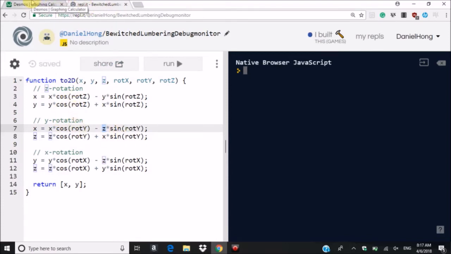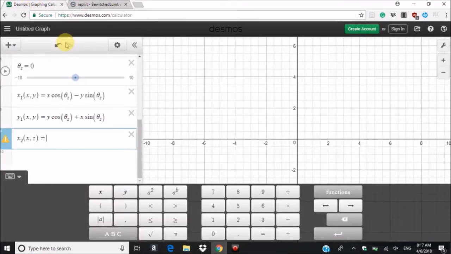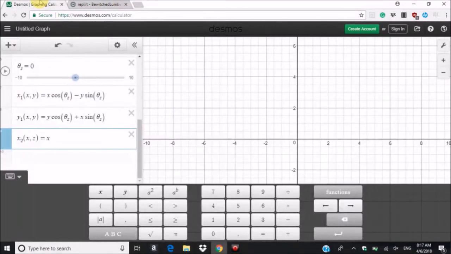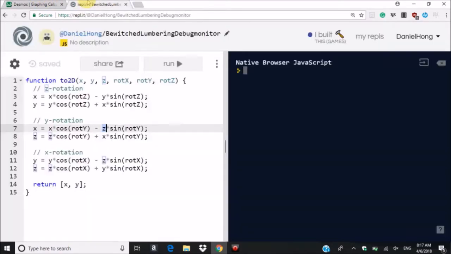So let's do x times cosine of y rotation minus, I'm guessing it's sine of the y rotation, which it is.